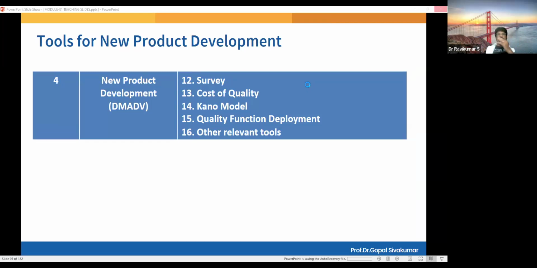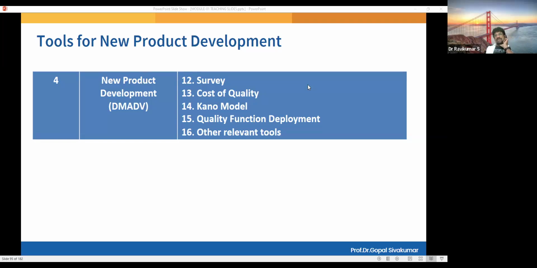But when you are trying to develop a new product, or when you are trying to identify a product which is in the design stage, development stage, survey stage, process level stage, production, or planning stage, then you have to go for DMADV. That is define, measure, analyze, design, and verify. The last two letters stand for design and verify.